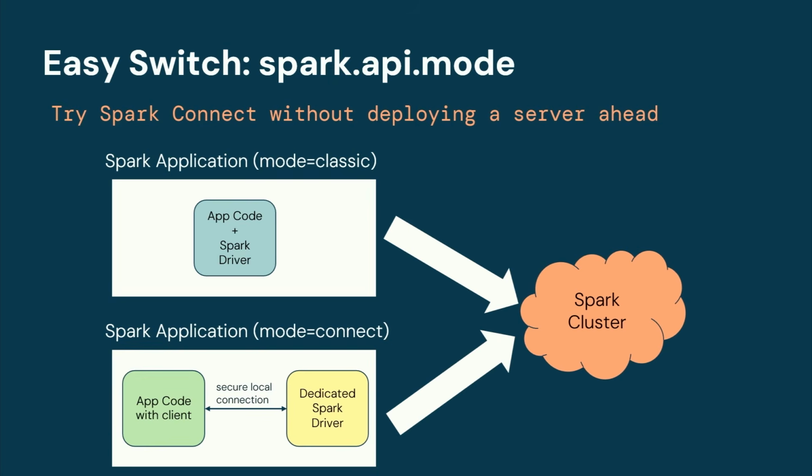When you run your application with this config set to connect, Spark will launch a dedicated Spark Connect server for your application, and they will communicate with a secure local connection. It won't give you all the benefits of Spark Connect because now you have a dedicated server for your client and there is no sharing of the server, but it's a good start.